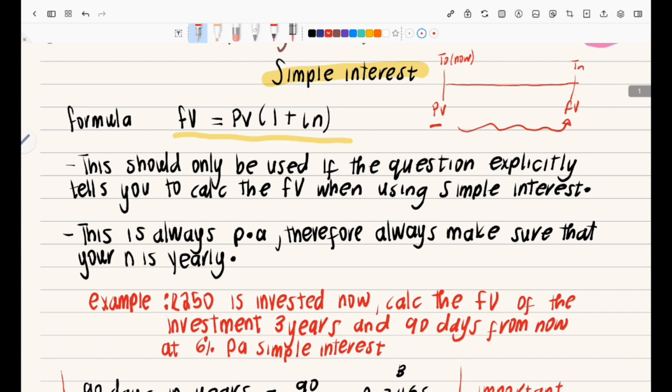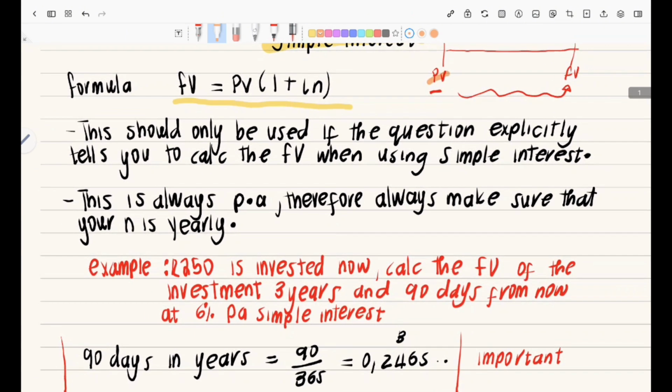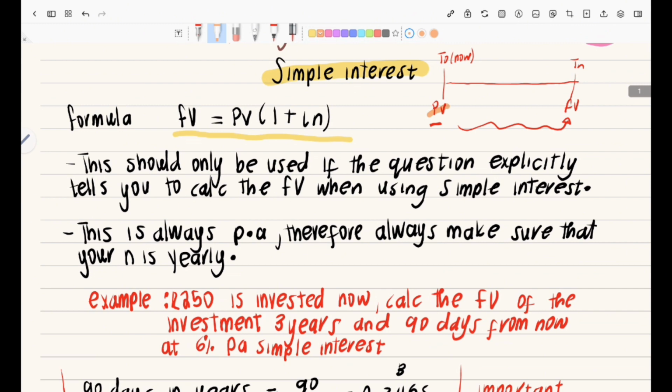You will see later on as we cover annuities that the present value is not always at T0. The future value when you're making payments is always at a period before when you made the payment. But don't stress about that, we will cover it. And as I said, this is the formula that we use for simple interest future value calculations.